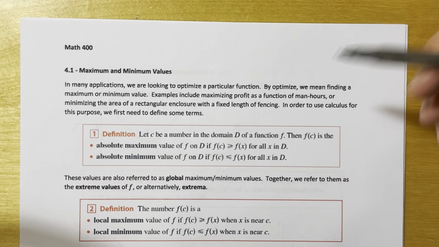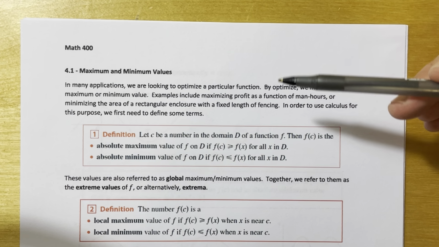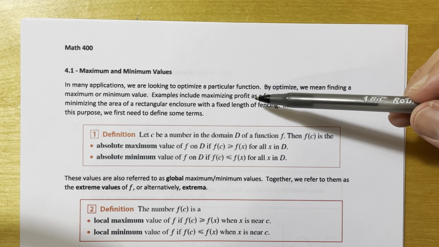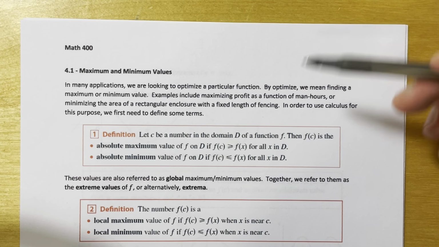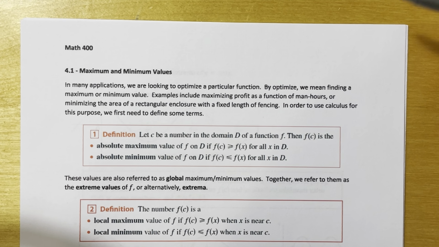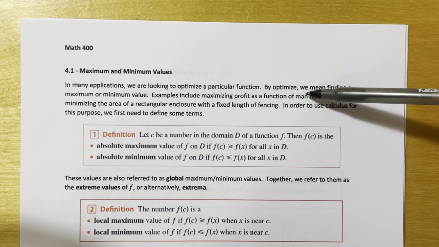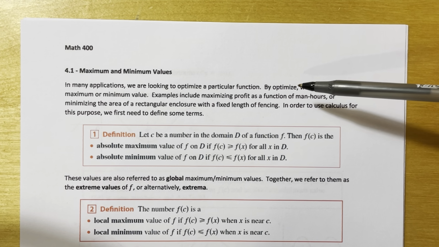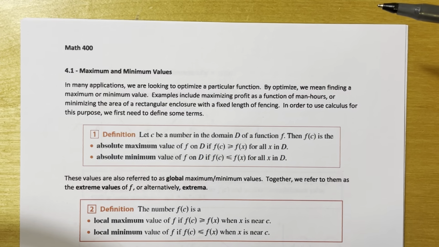So I give a couple of examples here. A company obviously is going to want to maximize its profit, but if you think of profit as a function of, say, man hours, labor, that's something you would want to maximize. What is the ideal level of labor or man hours that a company should utilize in order to maximize its profit?